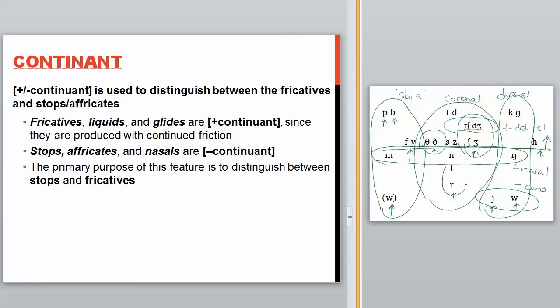And since liquids, so l and r here are liquids, they are plus sonorant. That distinguishes them from the stops and fricatives, which we have yet to isolate. So we need one more feature to distinguish between stops and fricatives. And the feature we're going to use is continuant. Now, this has a more complex distribution, but its key purpose is to distinguish between the obstruents. So fricatives will be plus continuant, since you can continue a fricative sound, s, whereas stops and affricates will be minus continuant, since these sounds can't be continued in the same way, b.